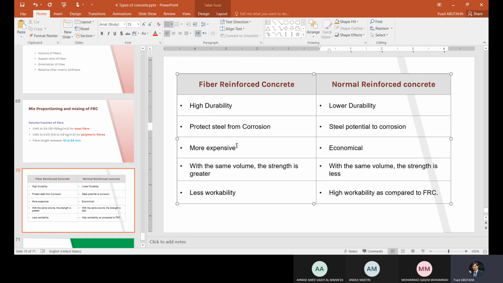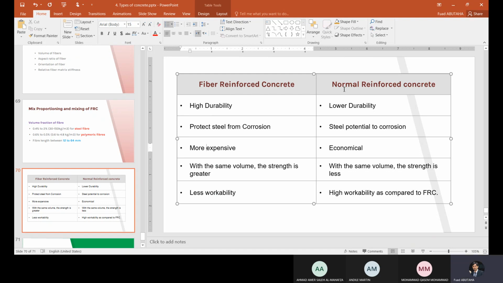Steel fibers are slightly more expensive. The production of fiber reinforced concrete will be more expensive than the production of normal concrete, because simply, fiber reinforced concrete is normal concrete with the addition of steel fibers. So it's originally normal concrete, but I add an extra material, which is fibers.